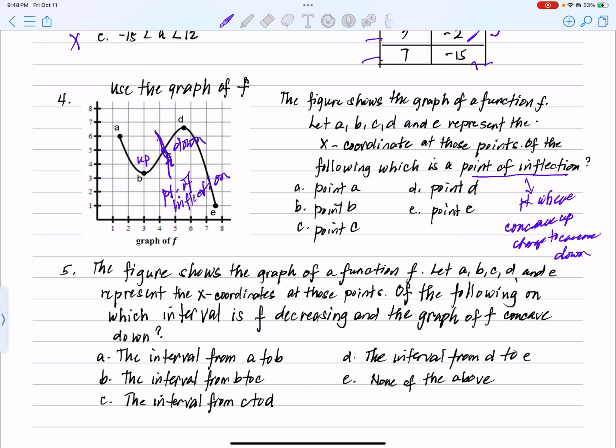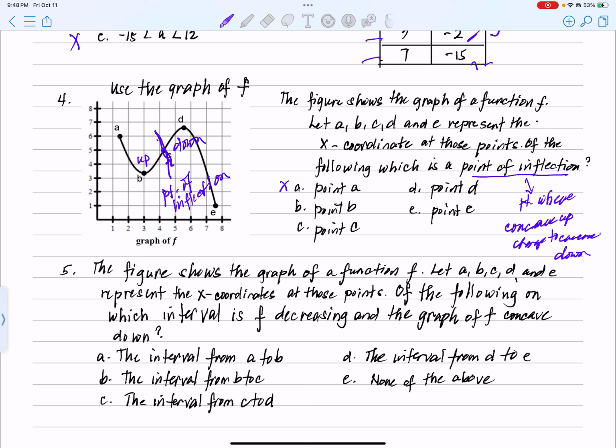But if you do it by the process of elimination, I could say, is it at point A? No, because at point A, this is where the concave up is found, it belongs to the concave up.